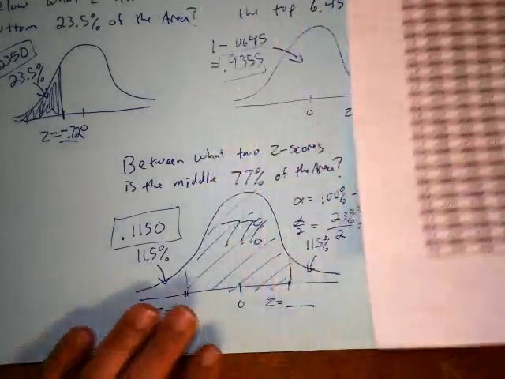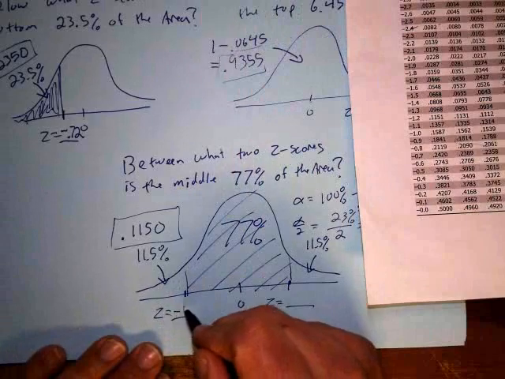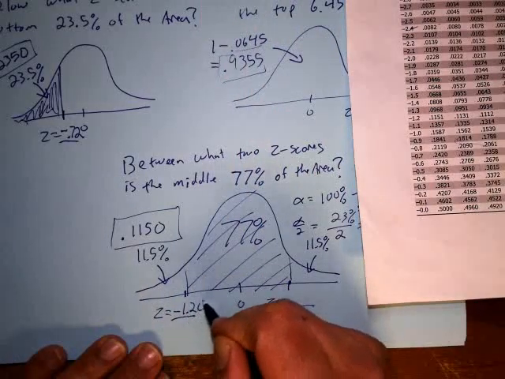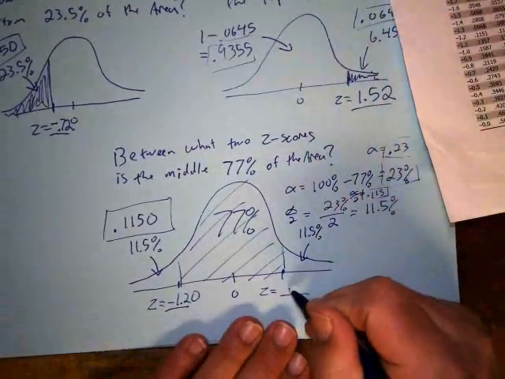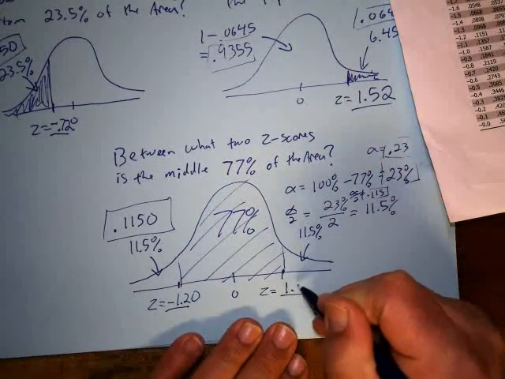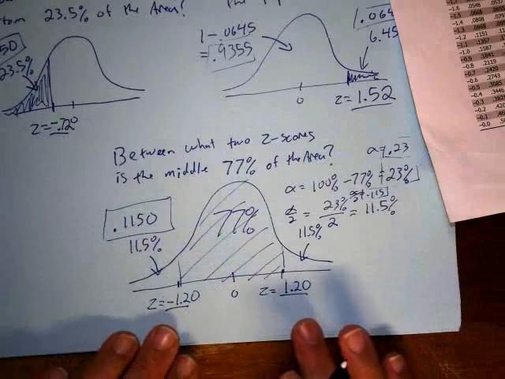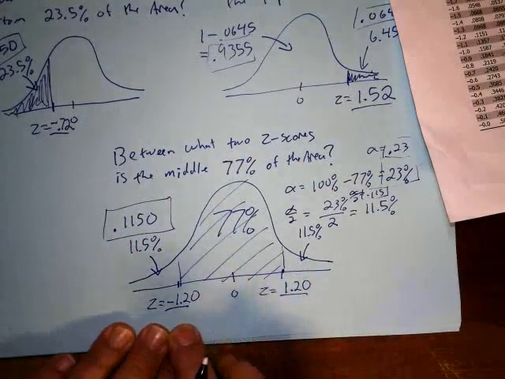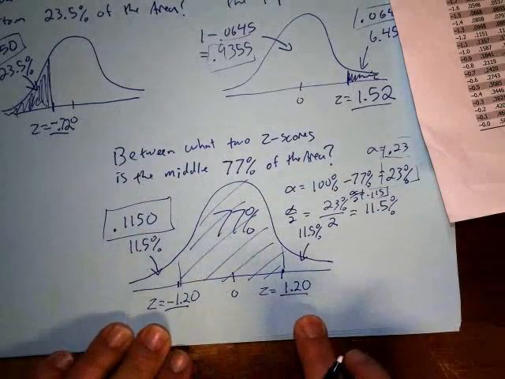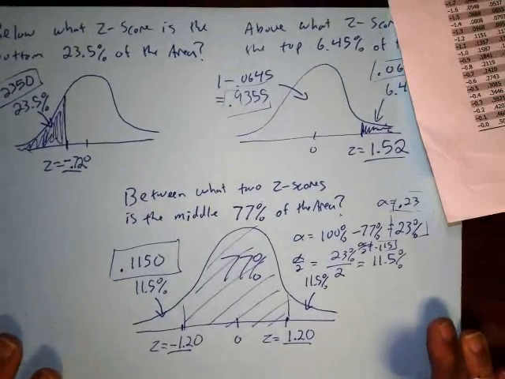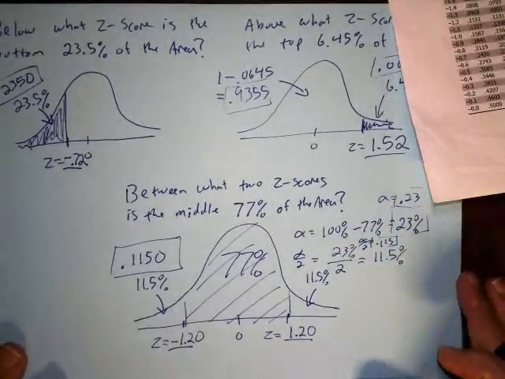Up here is 0. So this is negative 1.20. And so this one over here is positive 1.20. And so between what two z-scores is the middle 77% of the area? Between negative 1.20 and positive 1.20. Okay, and that's how that is done.